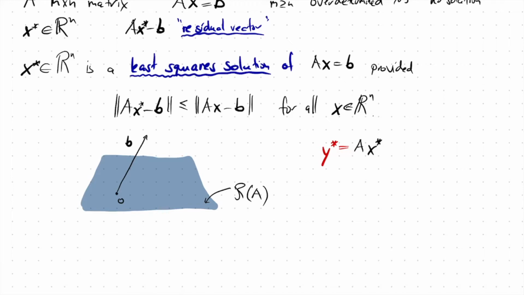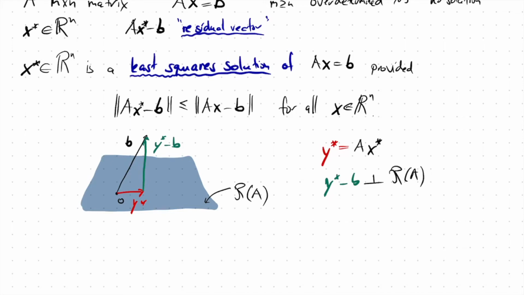So we're looking for y star such that y star minus b is orthogonal to the range of A. Geometrically, if y star minus b is orthogonal to the range of A, it means the distance is minimal, because the minimal distance is achieved once it's orthogonal. If it's not orthogonal, you can easily see the distance is further. It's just elementary geometry, but you can also prove this algebraically.